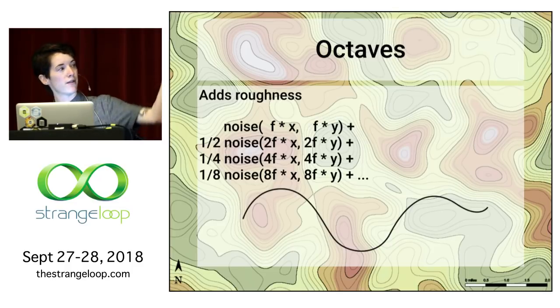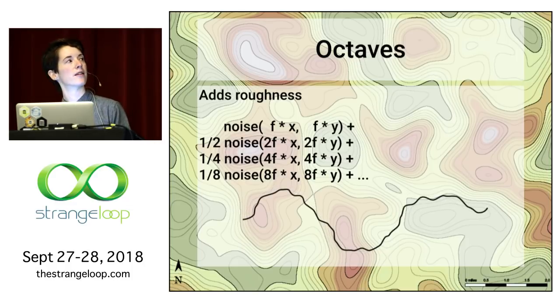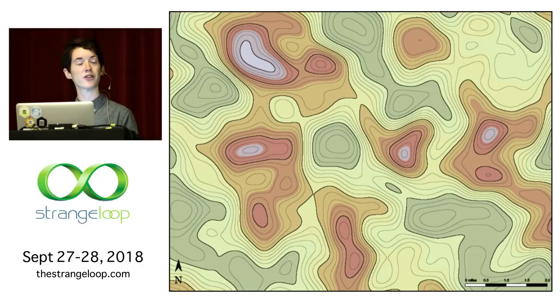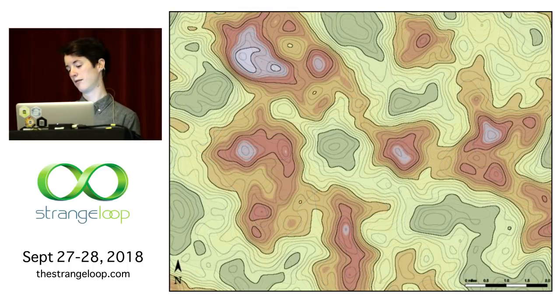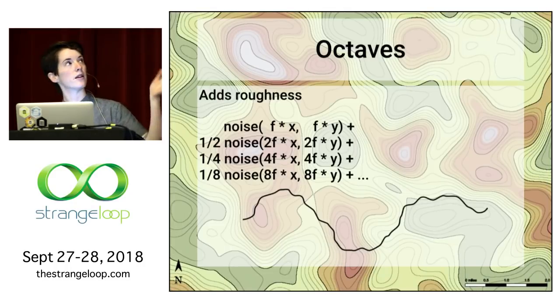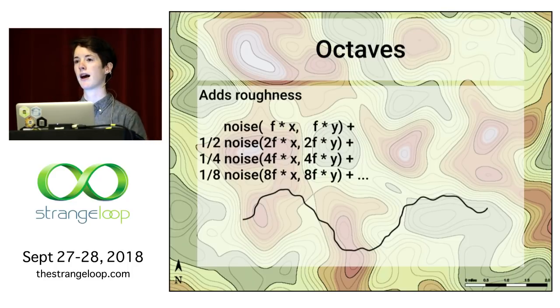And so again, I have our one-dimensional example, and we can just imagine that now it's a little bumpier. So for our 2-dimensional, we go from here, maybe to here. And the value, like 2, 4, 8, that we multiply our frequency by, is called the persistence, and that just affects how much impact that octave has on the overall result.